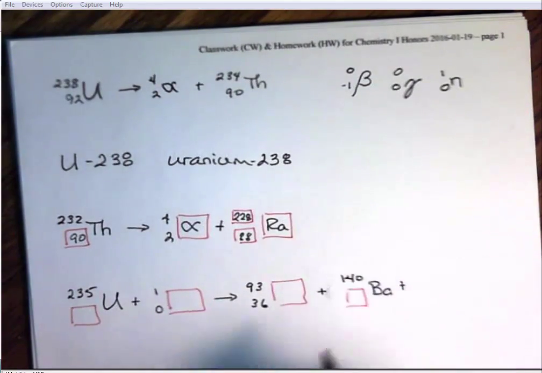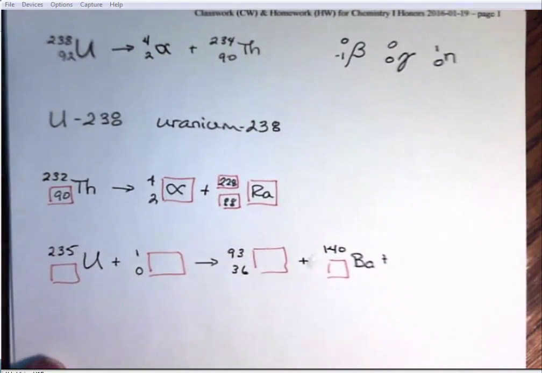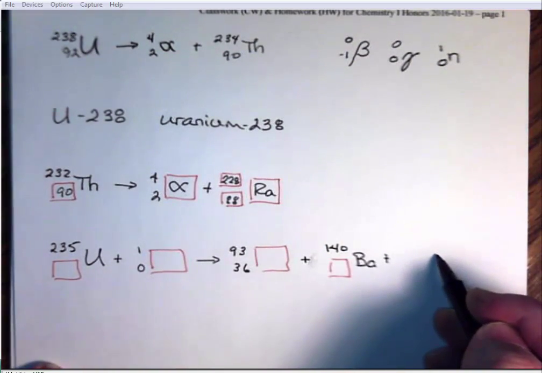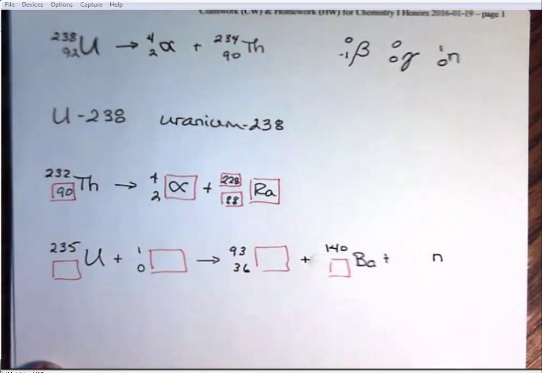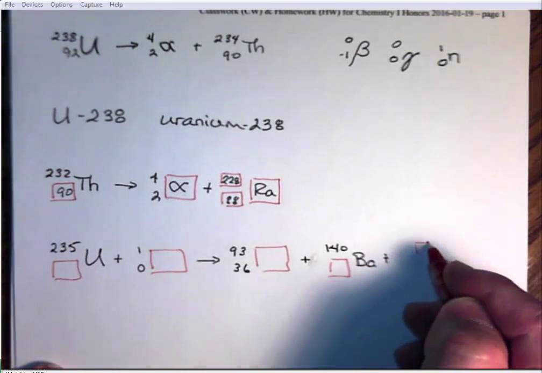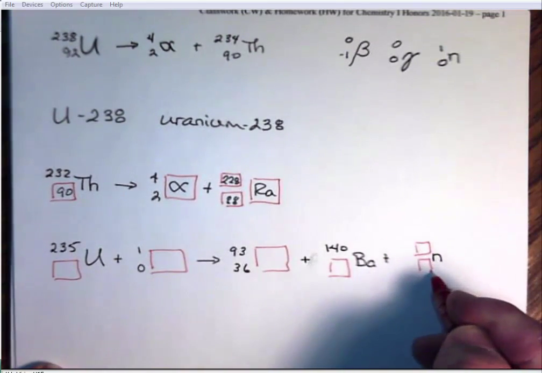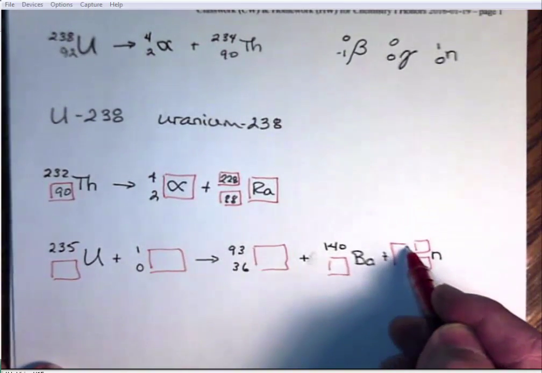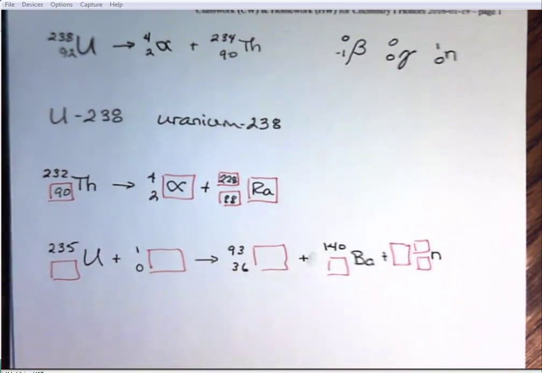And then as a result of this process, which you'll finish out for me here, we're going to have neutrons over here, and you're going to figure out the atomic mass and the atomic number. And I'm going to just give you a heads up that we got more than one neutron, so we got to put a coefficient out in front to tell me how many neutrons to do. Okay? So you can finish that up and we'll talk about it in a second, okay?